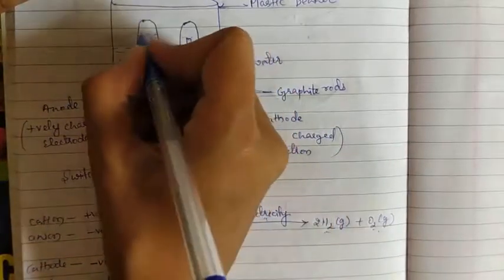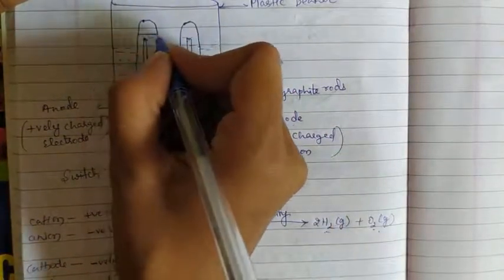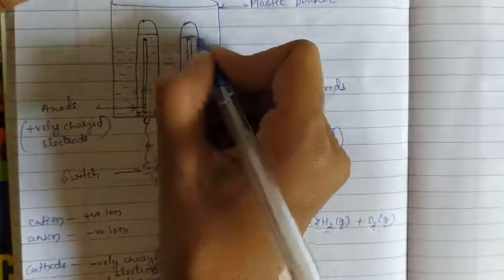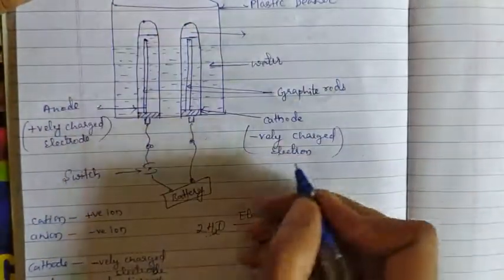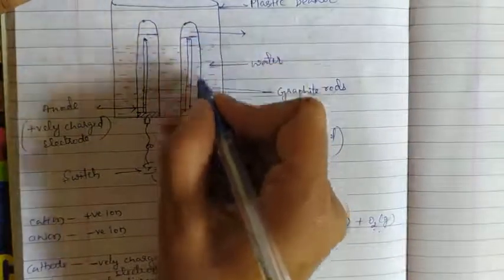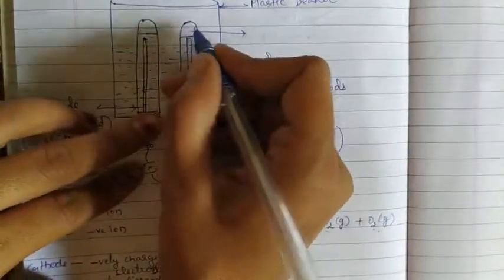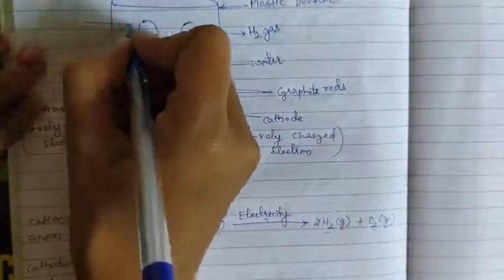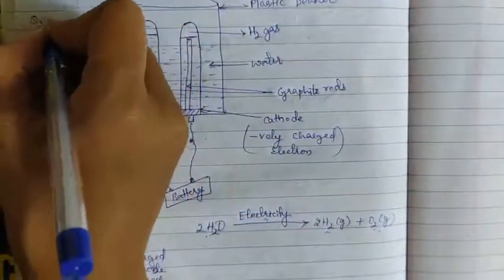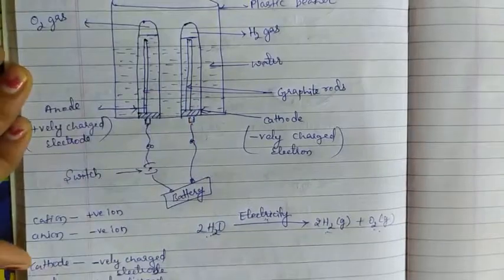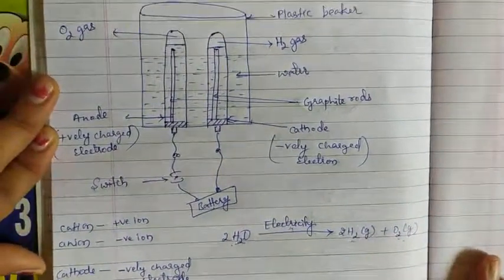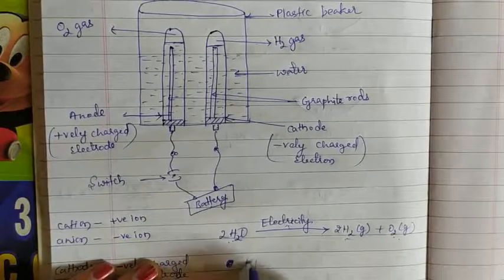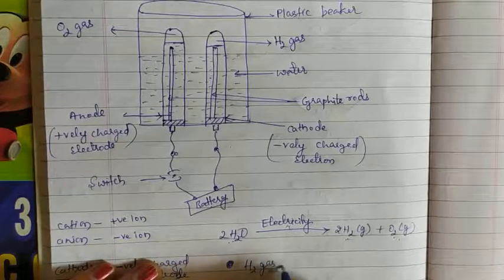Okay, hydrogen gas is collected in the cathode tube. This is our cathode. Here hydrogen gas is collected, and here oxygen gas is collected.